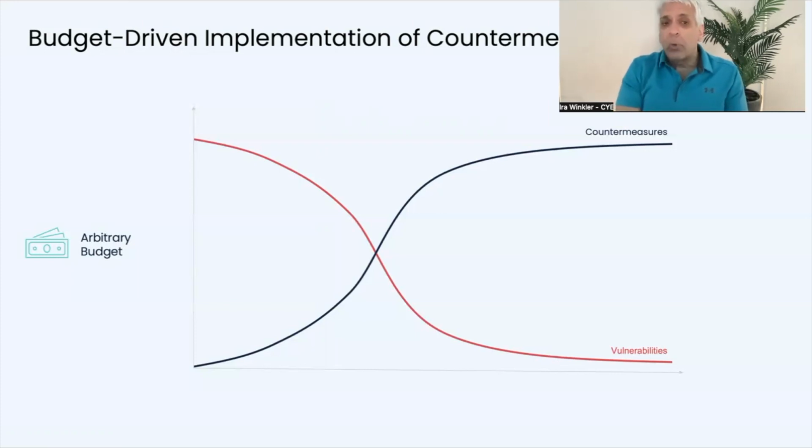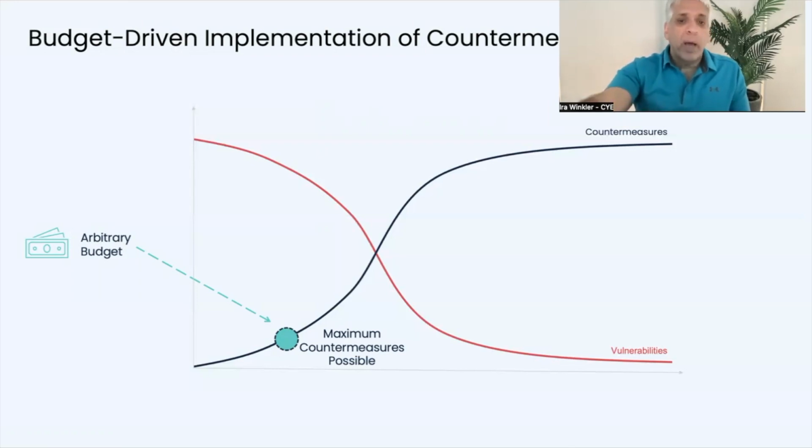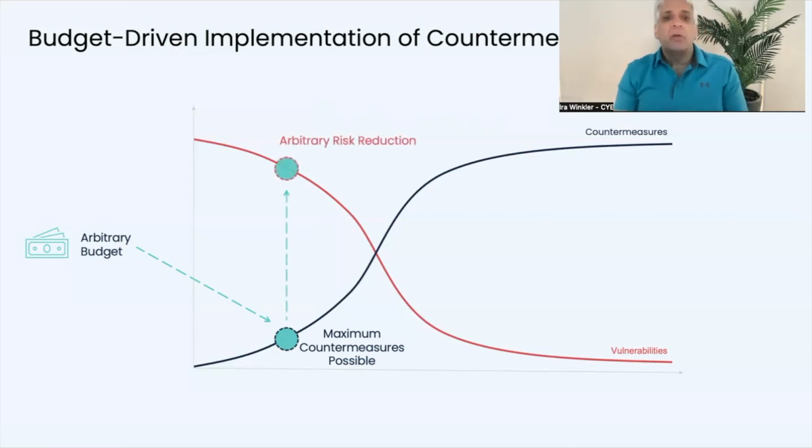Maybe you'll get a little bit more, maybe you'll get a little bit less. That arbitrary budget says, here's your maximum possible countermeasures. And then it's the job of a CISO, a cybersecurity professional or risk manager, to say, okay, that's my maximum possible countermeasures, and theoretically, here's my arbitrary risk reduction.